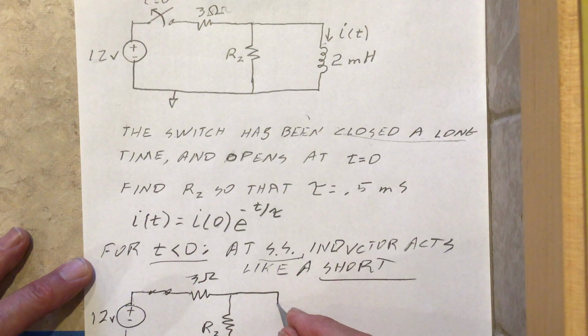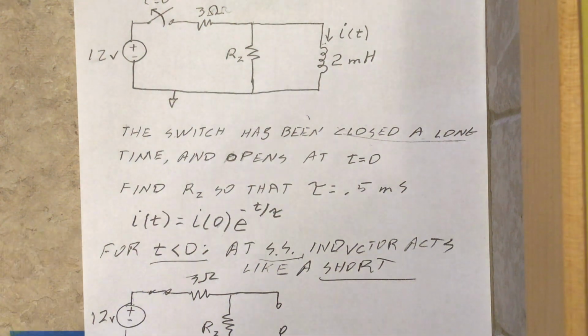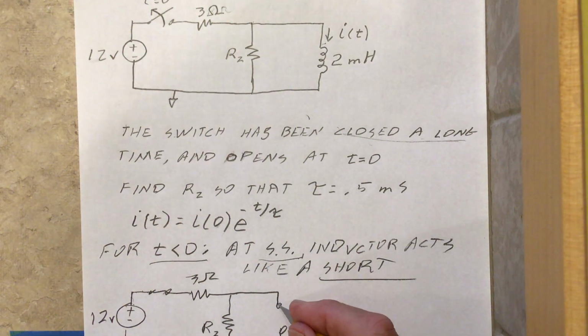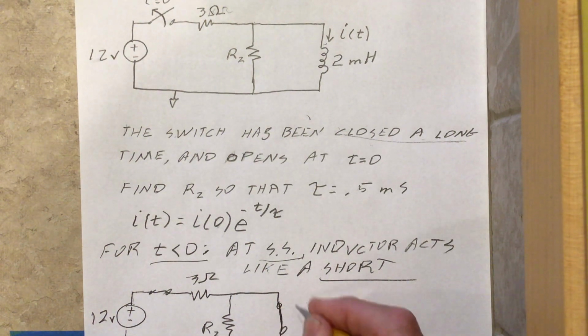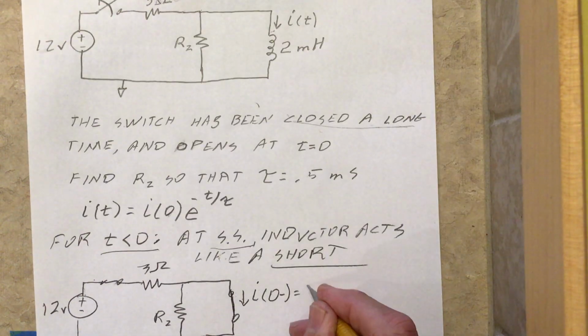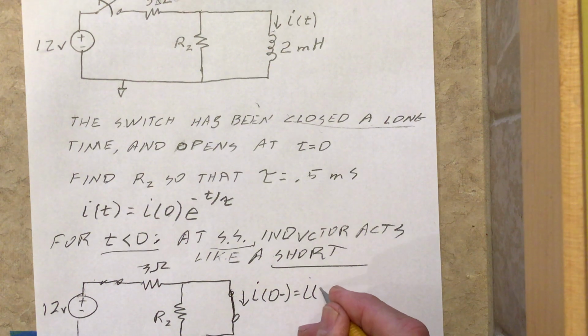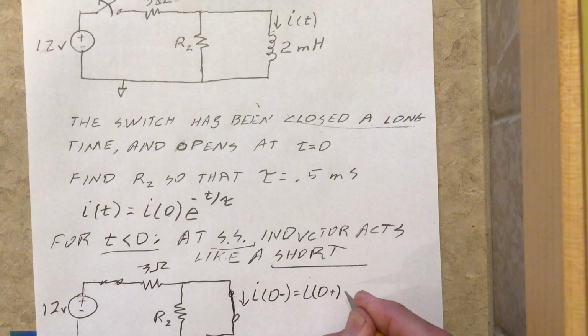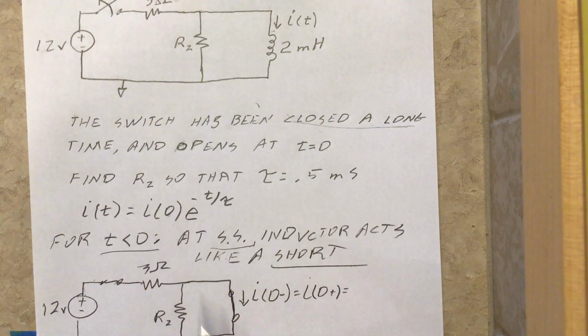It's been closed a long time, so the inductor can be replaced with a short circuit. All right, and the current through this is going to be the current just before the switch opens, which is also the current just after the switch opens, or in our equation, just I sub 0.